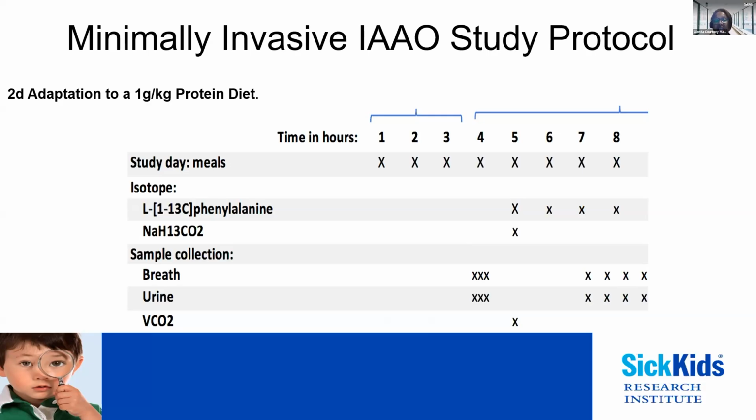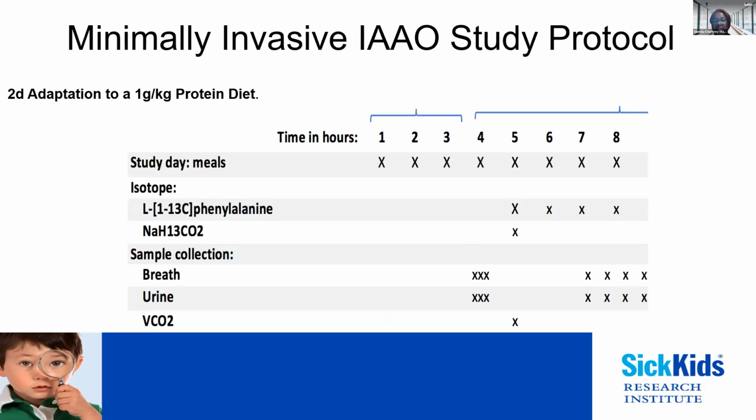On the oxidation study day, we bring them into the hospital where we provide 8 hourly isonitrogenous, isocaloric meals. At the 5th meal, we provide a prime and a continuous infusion of the stable isotope, usually C13-phenylalanine and C13-labeled bicarbonate, and we provide that in the subsequent hourly meals.